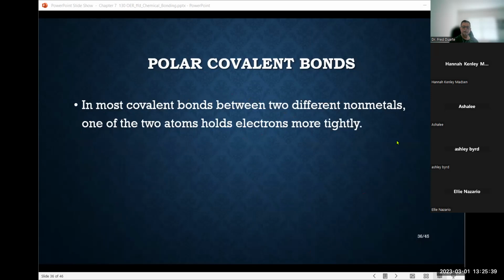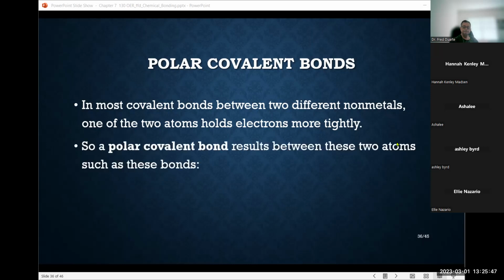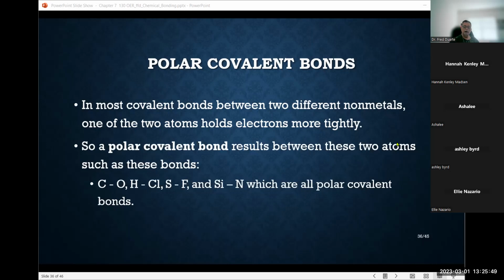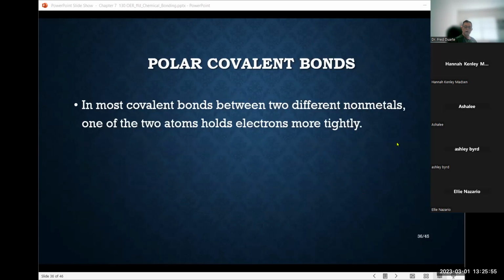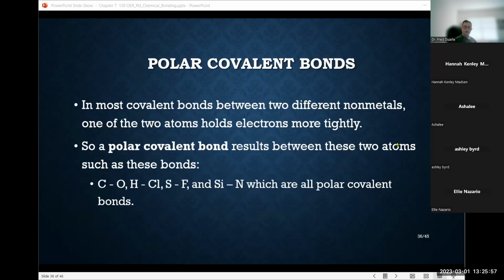All right. Where we're talking about polar bonds, we just finished talking about nonpolar bonds. Now, this scenario is an AB scenario. Notice the examples down here that are given to you.